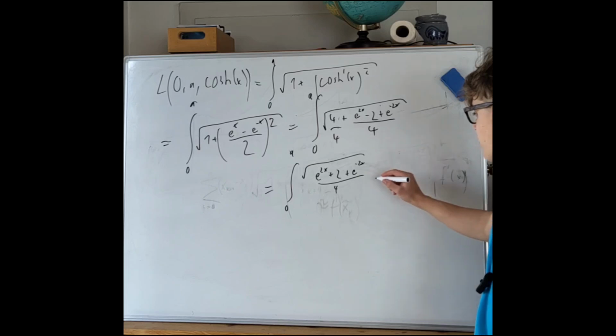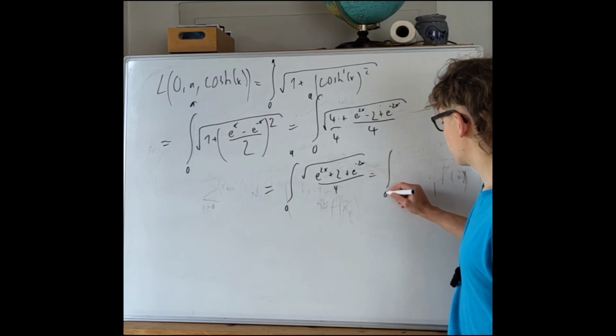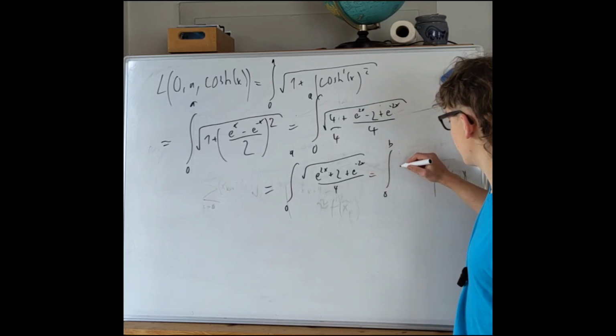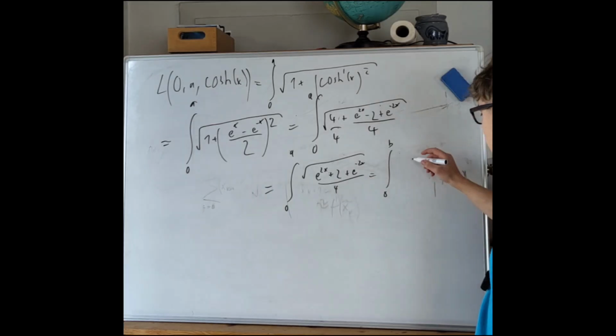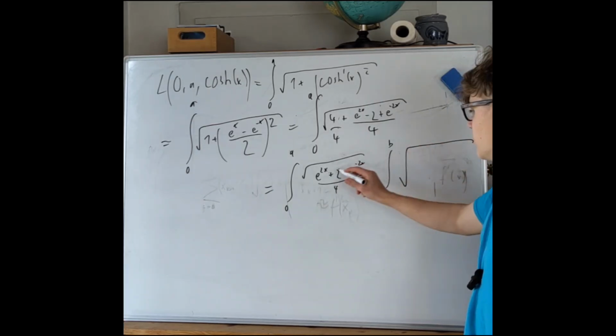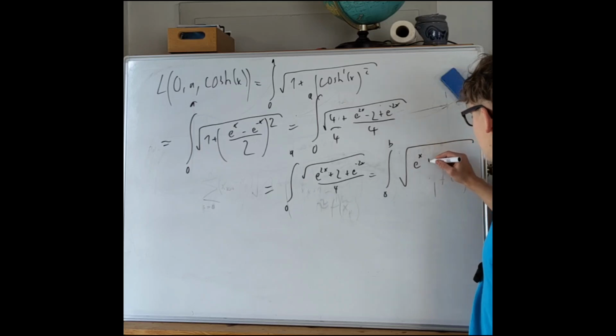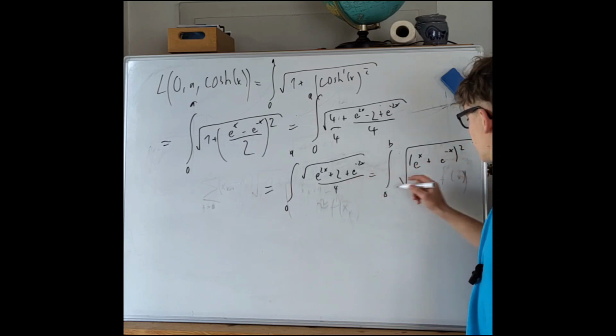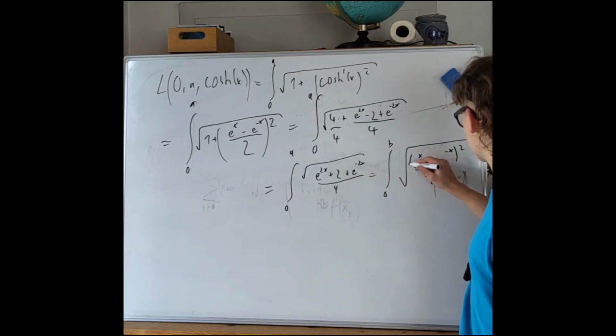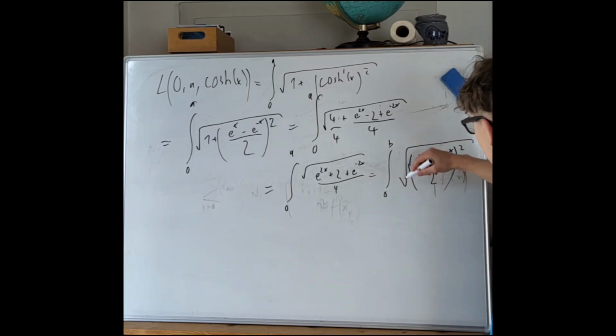And what you might see here is that because of the square root, this is just e to the x plus e to the negative x, all squared, right? But we can also just do it with the 2, so let's just write it like this. Then of course the square root and the squared cancel.